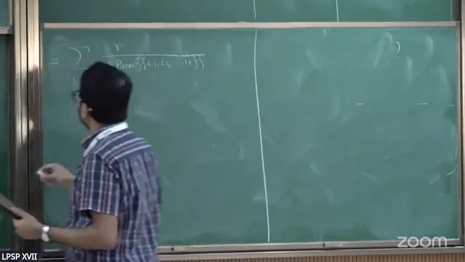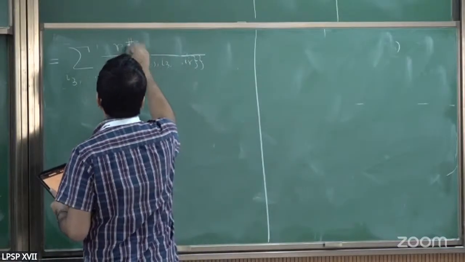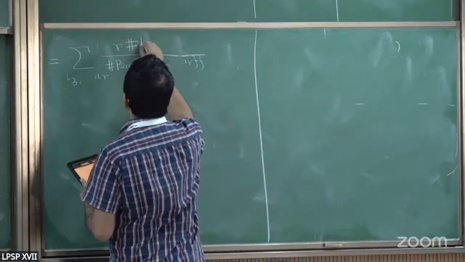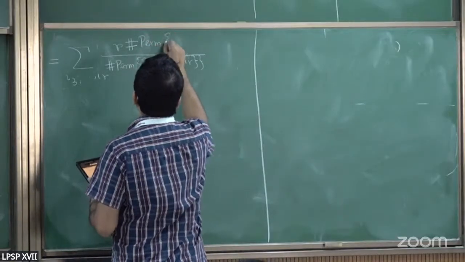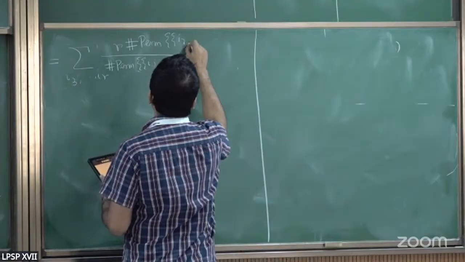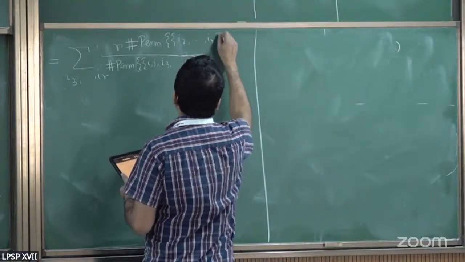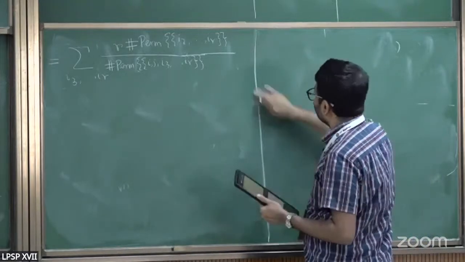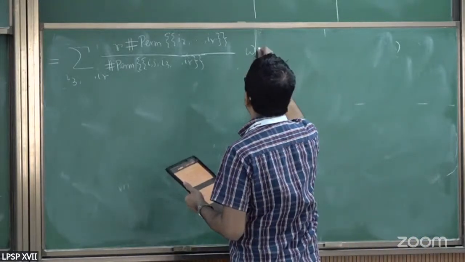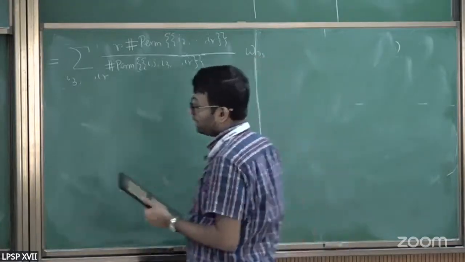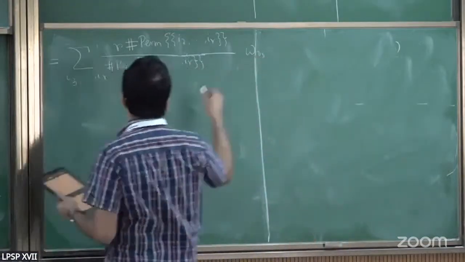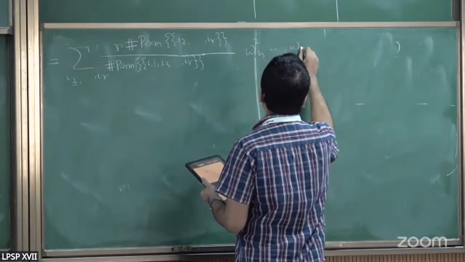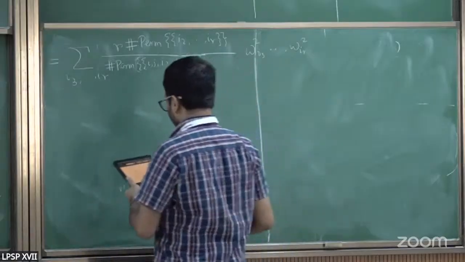So the total number of sets equivalent to ij, I3 to IR is just the number of permutations of I3 to IR here. And you still have this W, but now they are equal, so you get W_I3 squared up to W_IR squared.